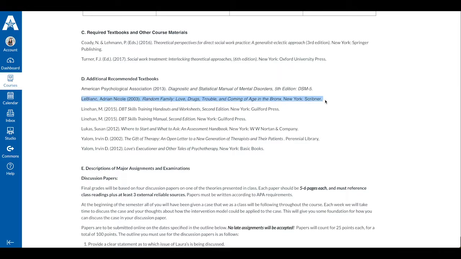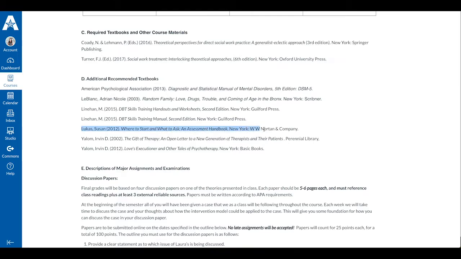It's fantastic and just provides a lot of information about differences in family norms. It's really eye-opening and interesting, especially if you're interested in family work. Both of these Linehan books, if you were interested in working with clients with borderline personality disorder or interested in DBT as a treatment for a variety of disorders, both of these Linehan manuals are fantastic.